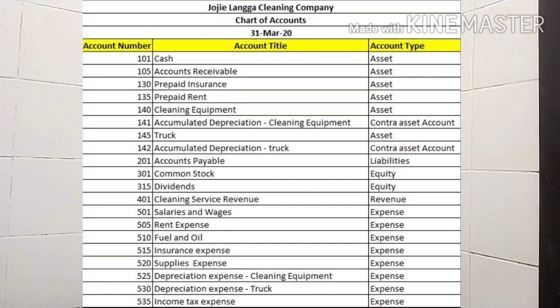So these are the list of accounts that we are going to use.